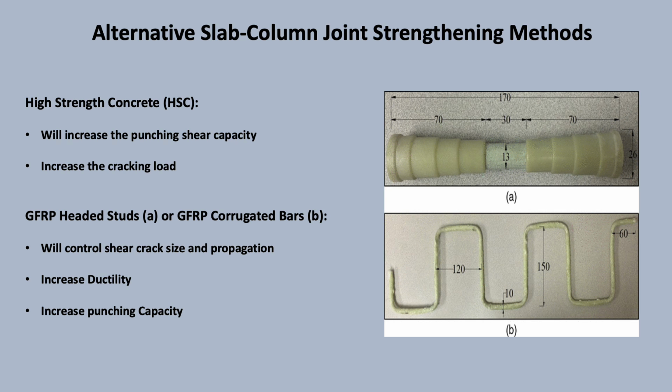The use of glass fiber reinforced polymer headed studs or corrugated bars as punching shear reinforcement will help control shear crack size and propagation, increase ductility, and increase the overall punching capacity of the slab-column joint.